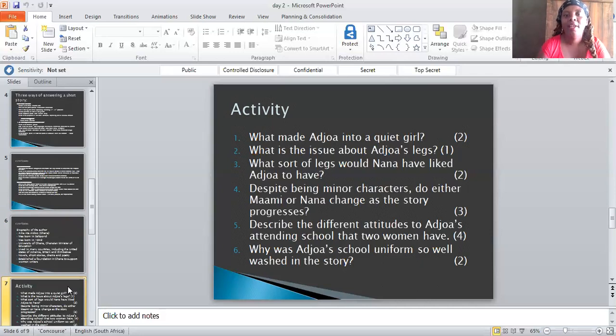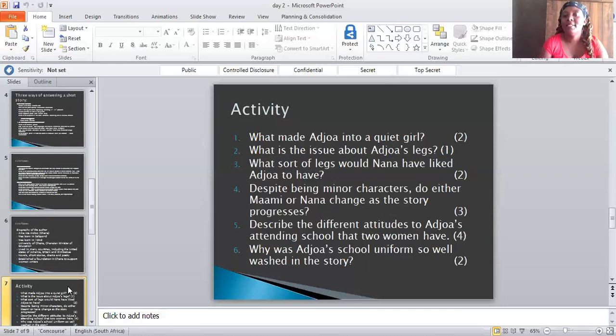All right. Now, our activity is, we've got, I think, like 8 questions or 9, if I'm not mistaken. Now, number 1 is, what made Ajwa into a quiet girl? What is the issue about Ajwa's legs? What sort of legs would Nana have liked Ajwa to have? Despite being minor characters, do either Mommy or Nana change as the story progresses?